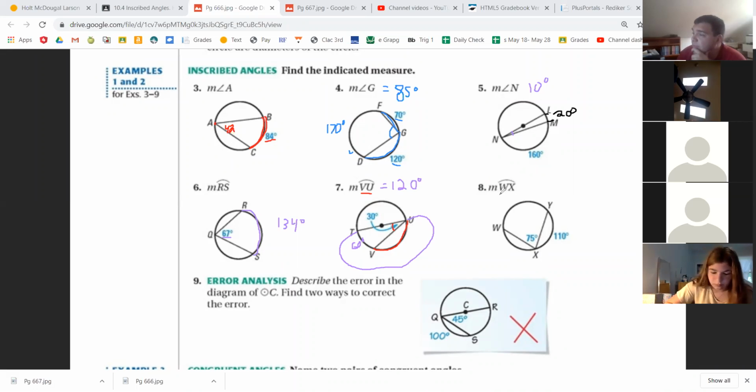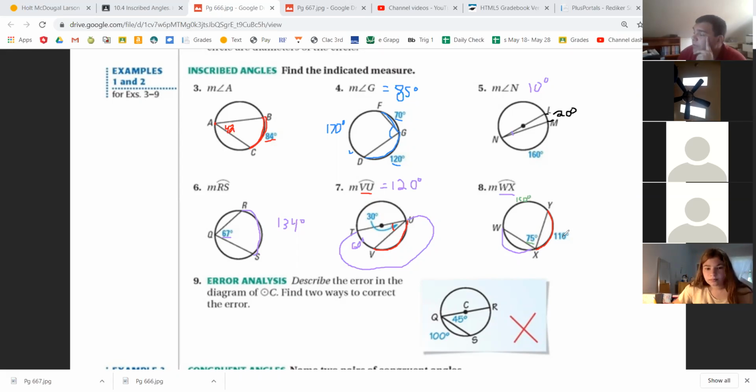And then number 8, WX. So WX is this piece right here. We have to find the missing pieces and then probably subtract that out of 360. They already give me this one, which is 110. And they give me a side one here. If this is 75, this part right here has to be double, so it's 150. If a full circle is 360, that means WX, which is the last piece we don't know, is going to be needed to make 360.